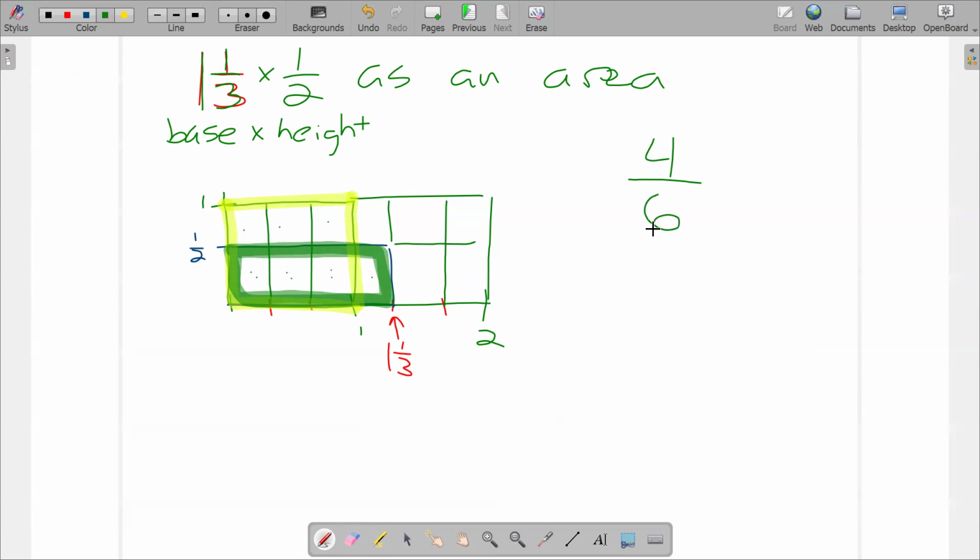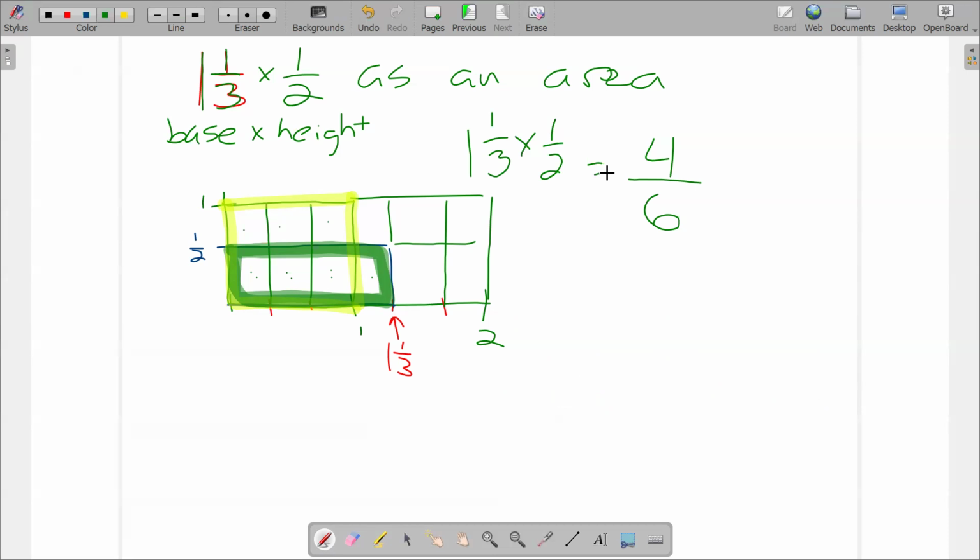So one answer here, just by looking at the picture, is 4/6. We could recopy those pieces into a new whole to reduce it, but that's one way to look at it. So what I've just shown here is 1 1/3 by 1/2 should equal 4/6.